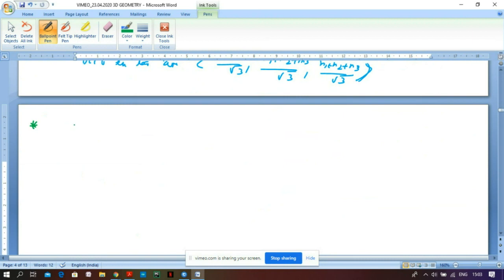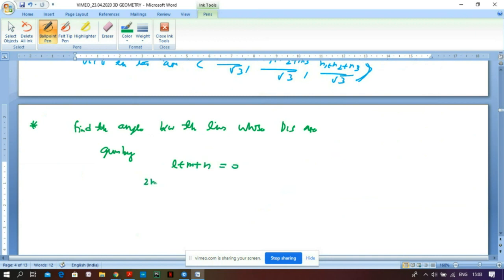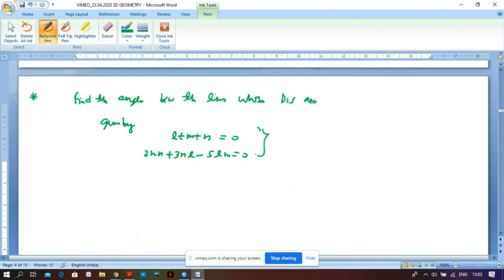You are given: find the angle between the lines whose direction cosines, whose DCs, are given by L + M + N = 0 and 2MN + 3NL - 5LM = 0. It means there are two lines whose direction cosines are given by this relation, L + M + N = 0 and 2MN + 3NL - 5LM = 0, and you want to find the angle between these lines.